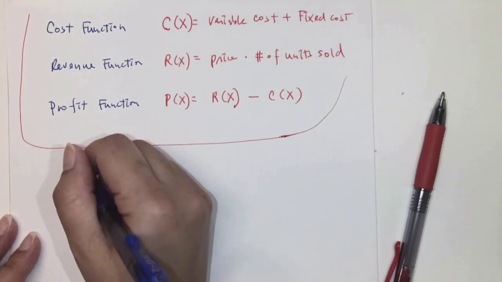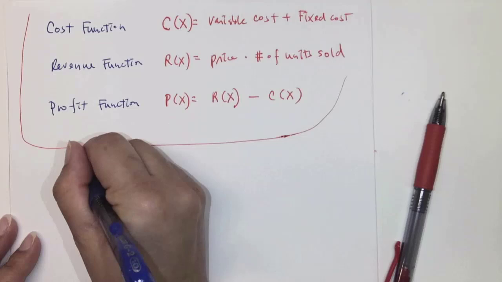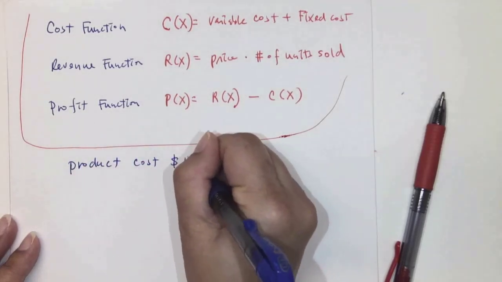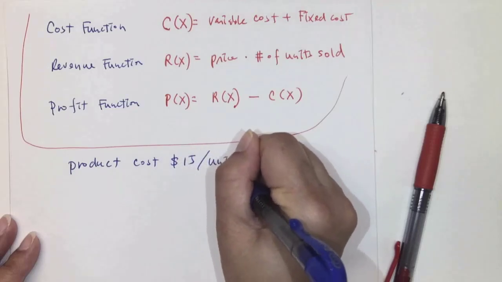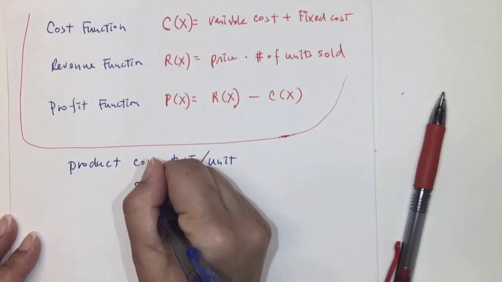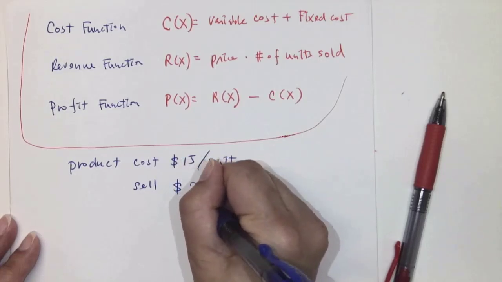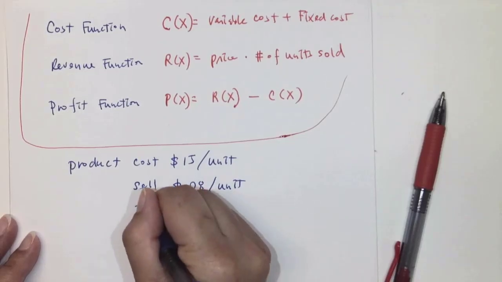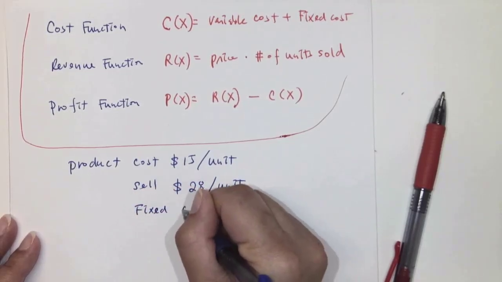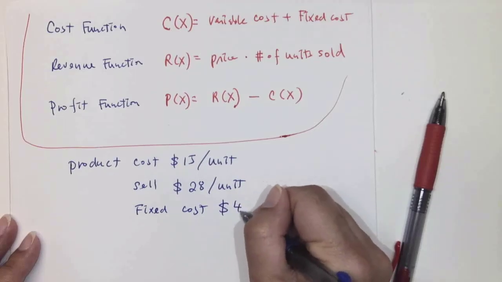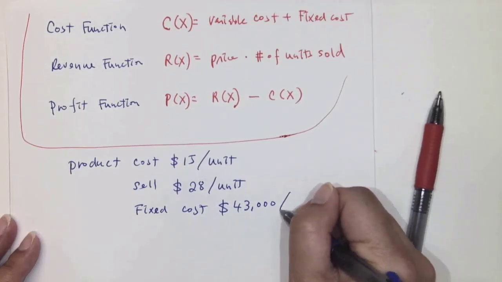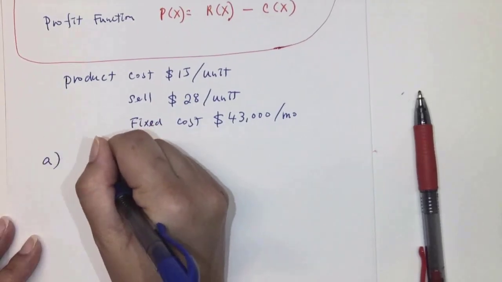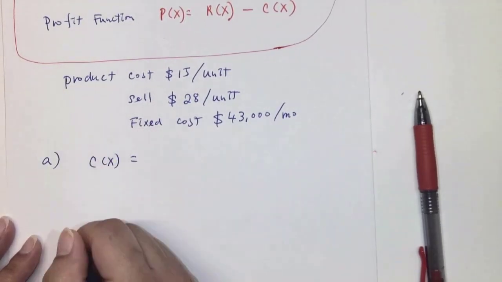So this company's product costs $15 per unit to make and sells for $28 per unit. And the fixed cost is going to be $43,000 per month. Okay, so they want you to do first, I want to see the cost function.